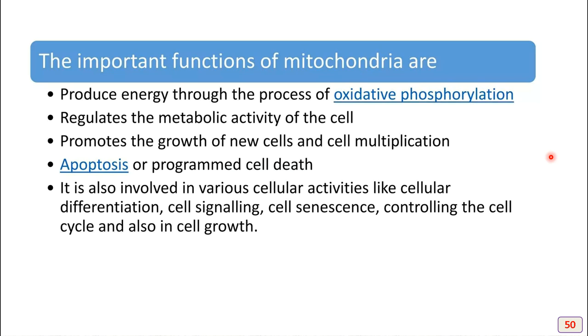Then, as the name indicates, it is the powerhouse of the body. They produce energy. What is apoptosis? Suppose millions of cells vanish every day, and the controlling center needs to be activated.